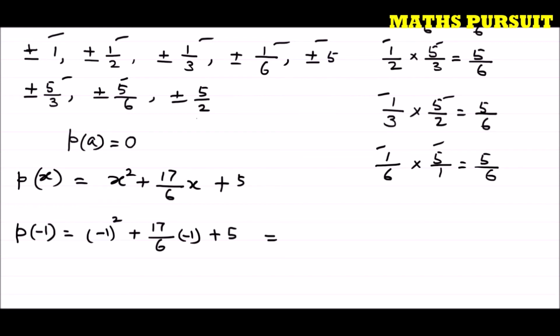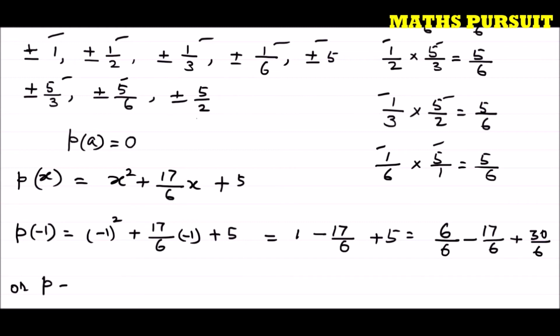That is equal to minus 1 into minus 1 is 1, plus 17 upon 6 into minus 1 is minus 17 upon 6, and then plus 5.